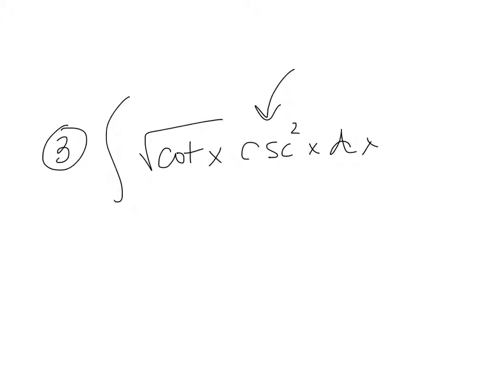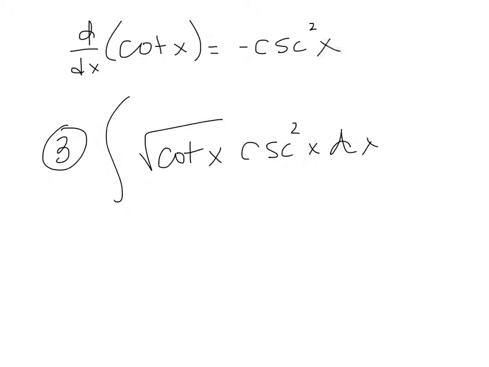Okay, but you actually don't need to go that complicated if you remember the things that I gave you in your derivatives drills. You guys remember that if you take the derivative of cotangent of x, you get negative cosecant squared x. Okay, we're going to use that.